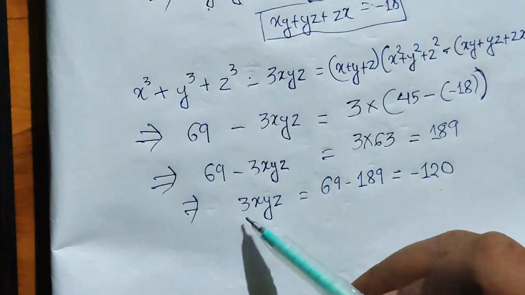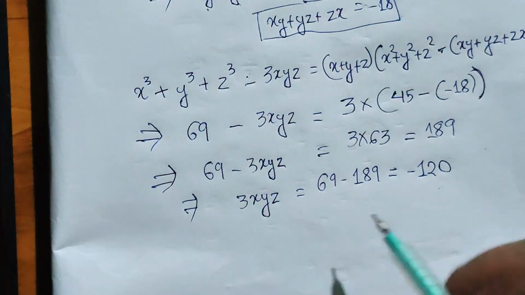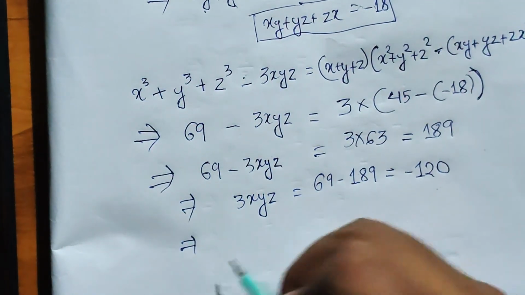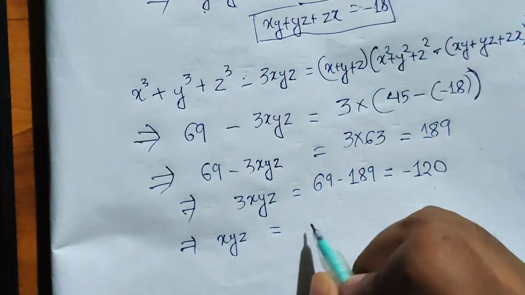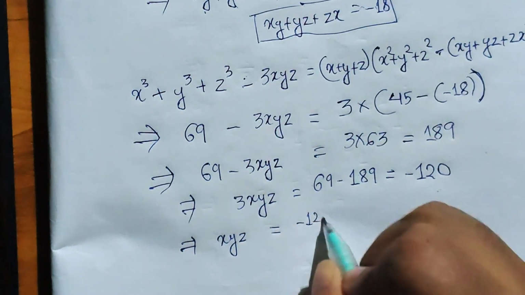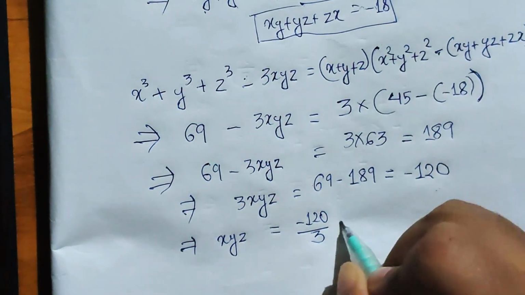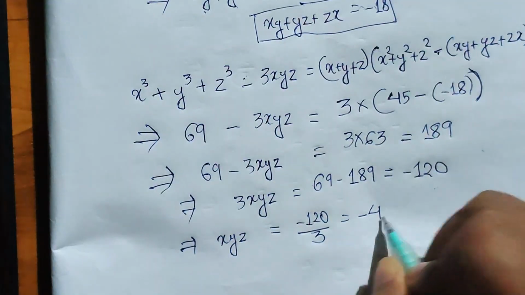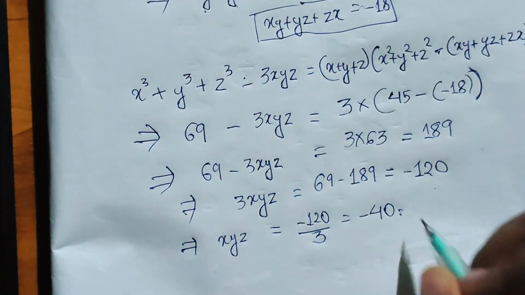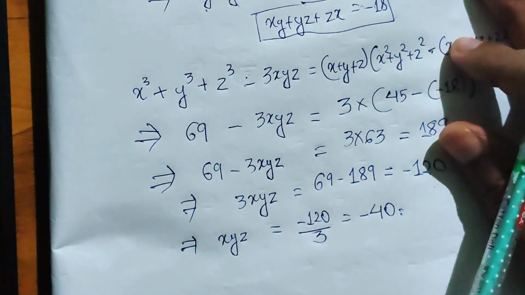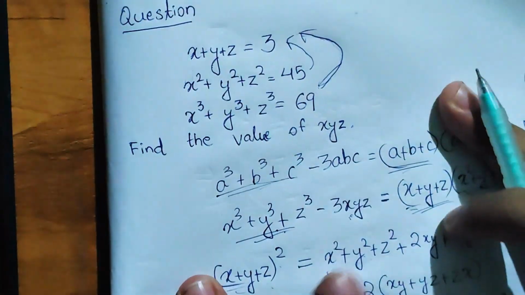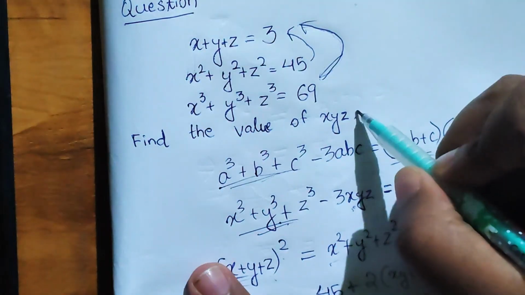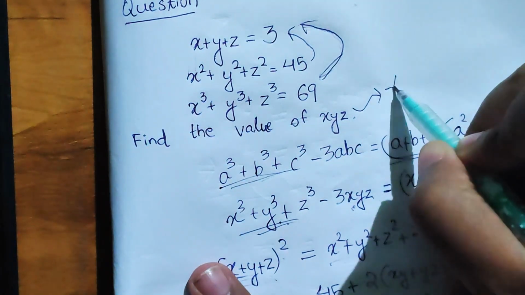Now we have 3xyz, so we just divide both sides by 3 to get xyz equals minus 120 by 3 equals minus 40. So this is our answer. So we can write that the solution of this equation is xyz is minus 40.